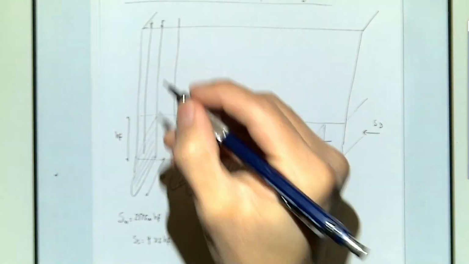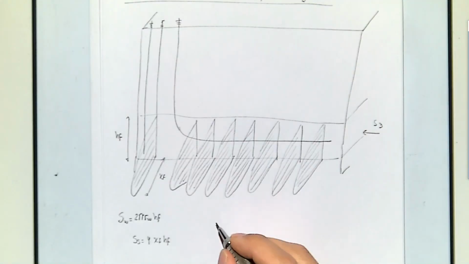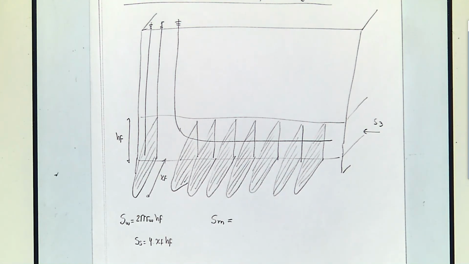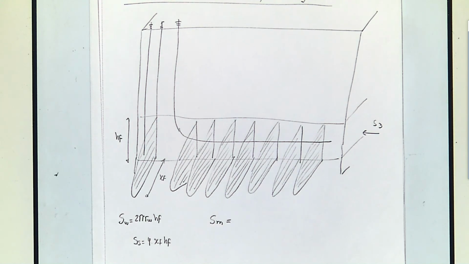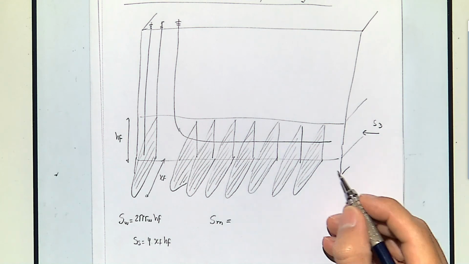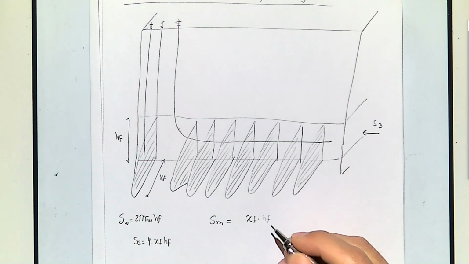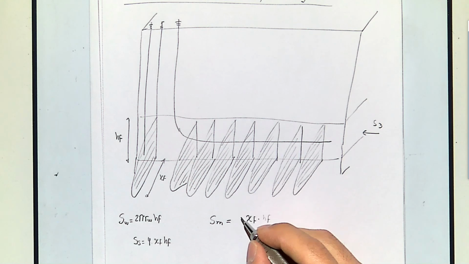And now the area of this multiple stage hydraulic fracturing of the rock in contact with the wellbore or the main hydraulic fracture then is going to be each surface of the fracture, which is XF times HF times 4, because that's what it will make a complete fracture.